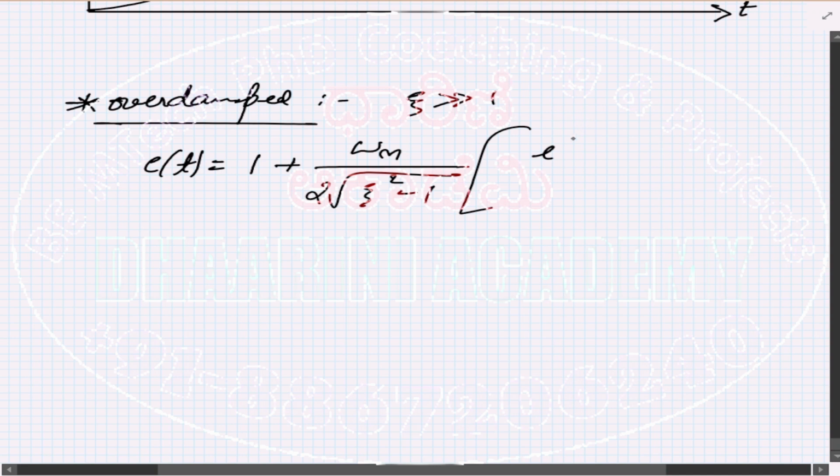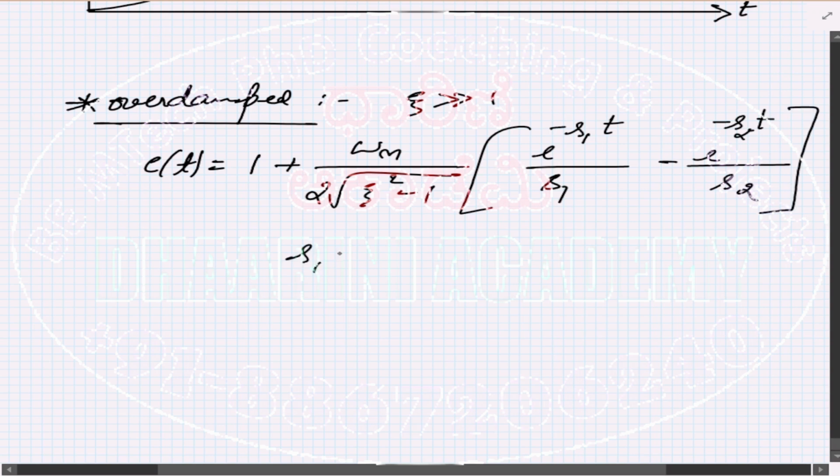we have two terms coming up. First, e to the power s1 t divided by s1. I'll tell you what s1 and s2 are. So minus e to the power s2 t divided by s2. Here s1 is one of the roots. If you remember, we have already written a root. This is minus zeta omega n minus omega n into root of zeta square minus 1.